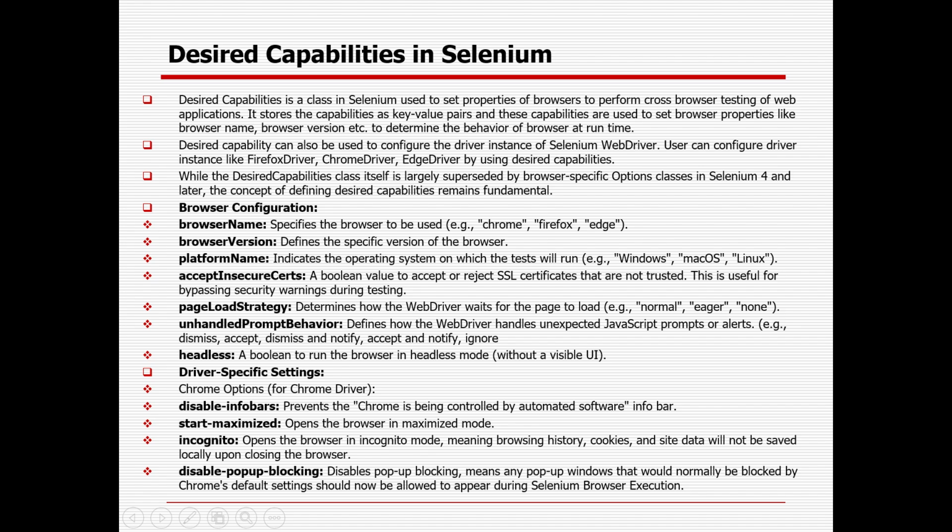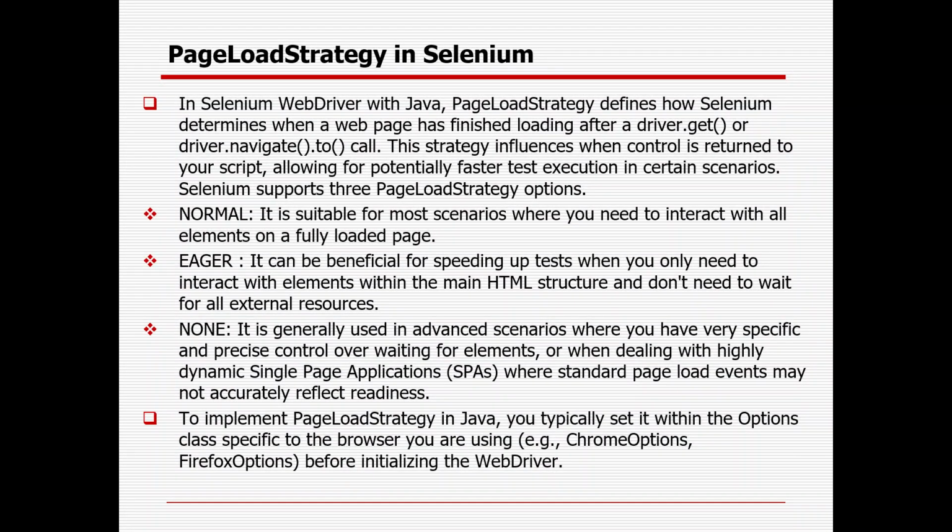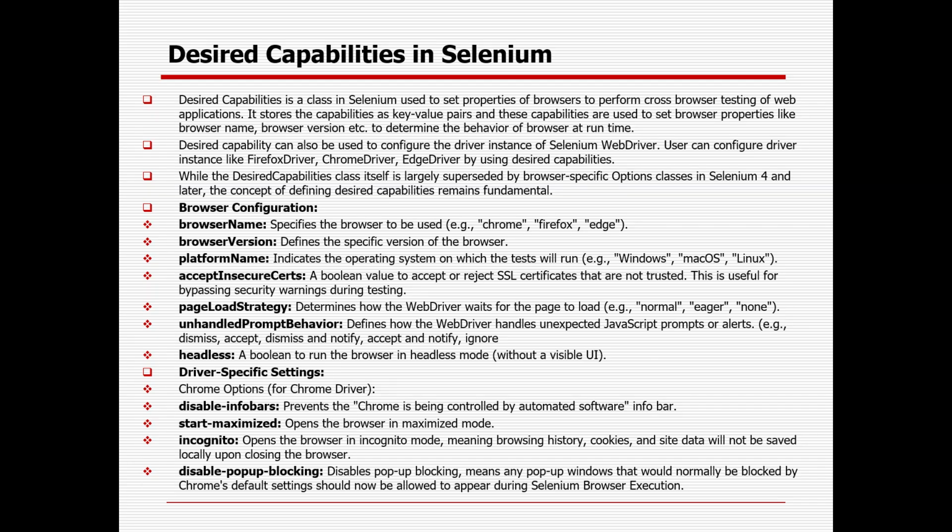You can do the execution in headless mode, so that you will not see the UI, or rather without opening the UI you can do the execution. And for driver-specific settings for the Chrome browser, you can disable the infobars, maximize the browser, open the browser in incognito mode, and disable pop-up blocking as well. So these are all the important functionalities you can deal with with the help of desired capabilities, primarily in Selenium version 4. So that's all from today's session, guys.